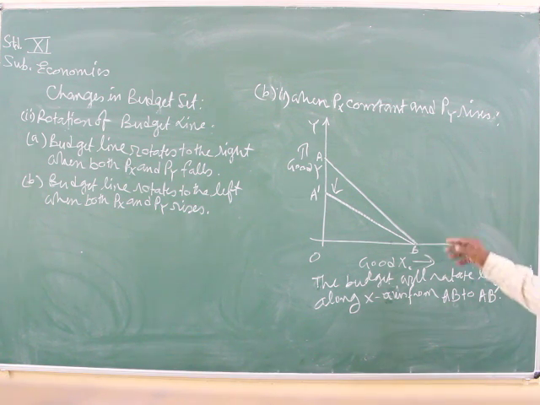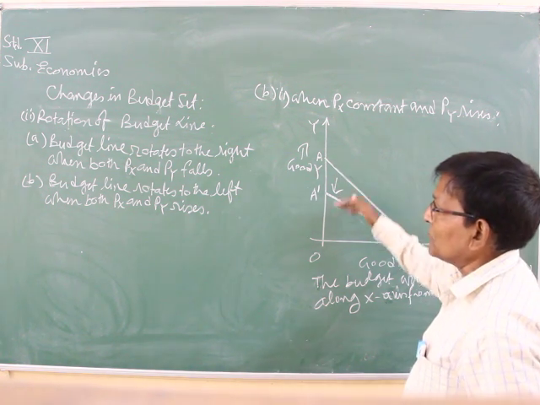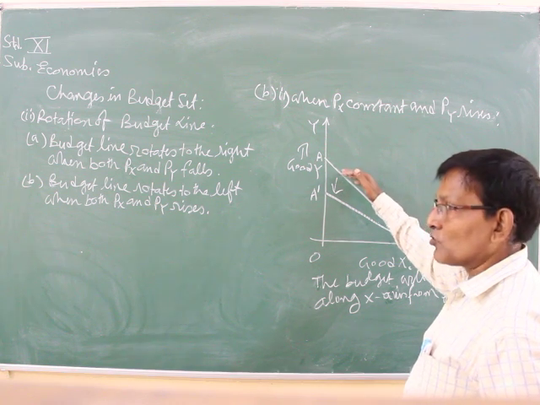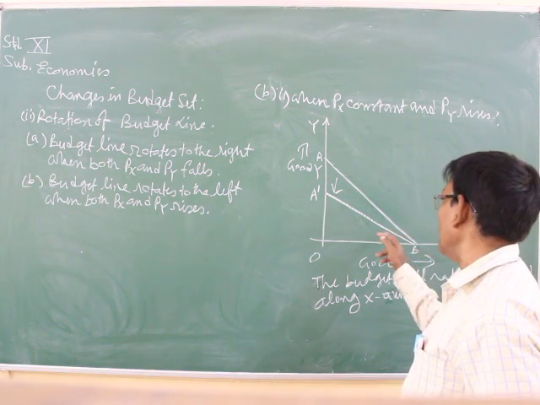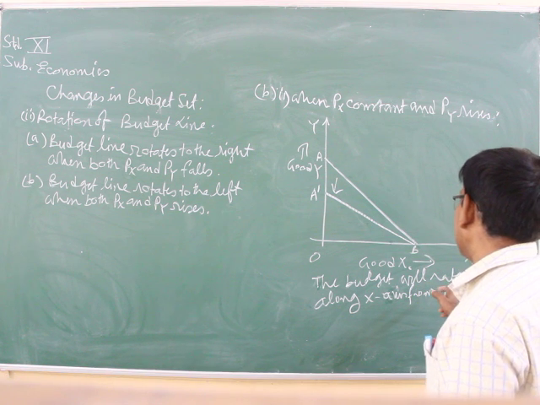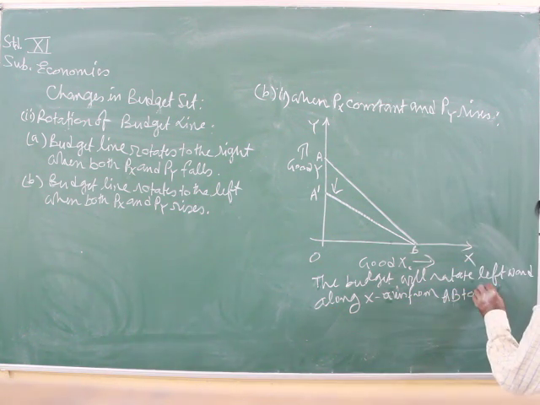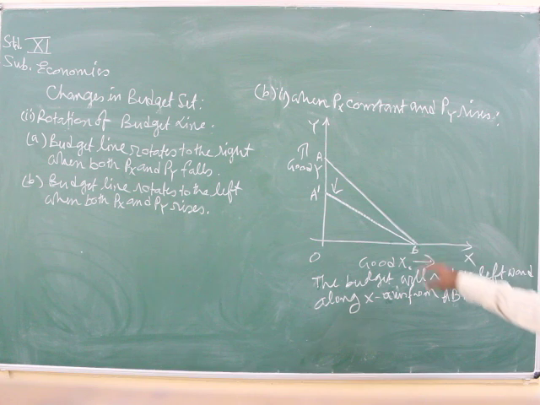So here also what we are observing, there is a leftward rotation of the budget line from AB to AB dash. No, sorry, it is A dash B. AB to A dash B.